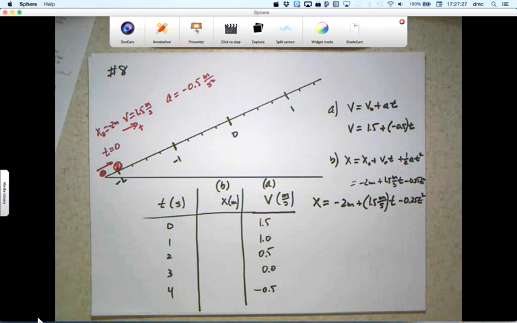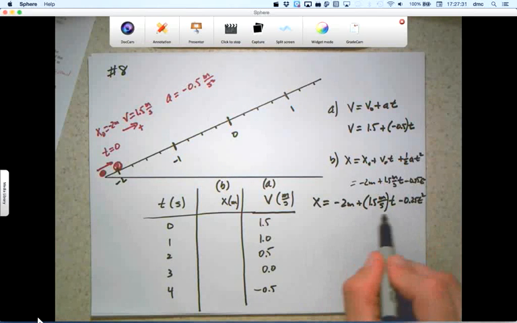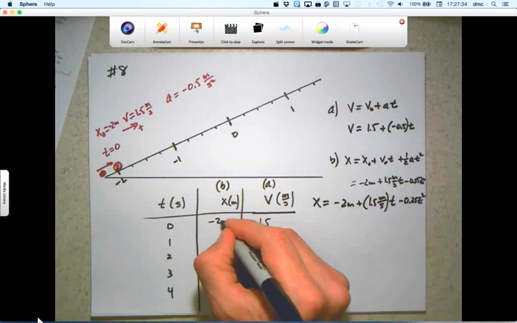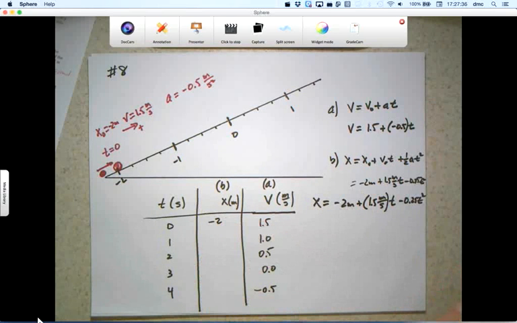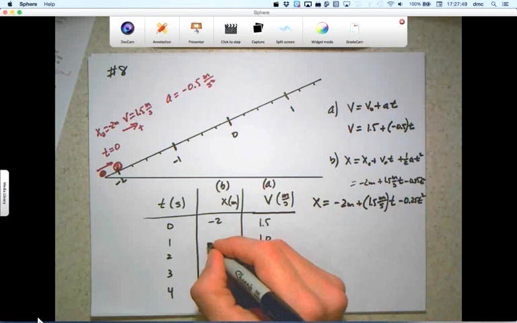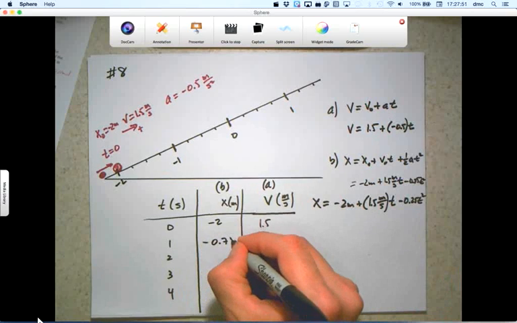Okay, so we have to plug in. At 0, if you plug in 0 for everything, you get -2, so that's -2 meters. And then when you plug in 1, you get -2 plus 1.5 minus 0.25, and that ends up being -0.75.